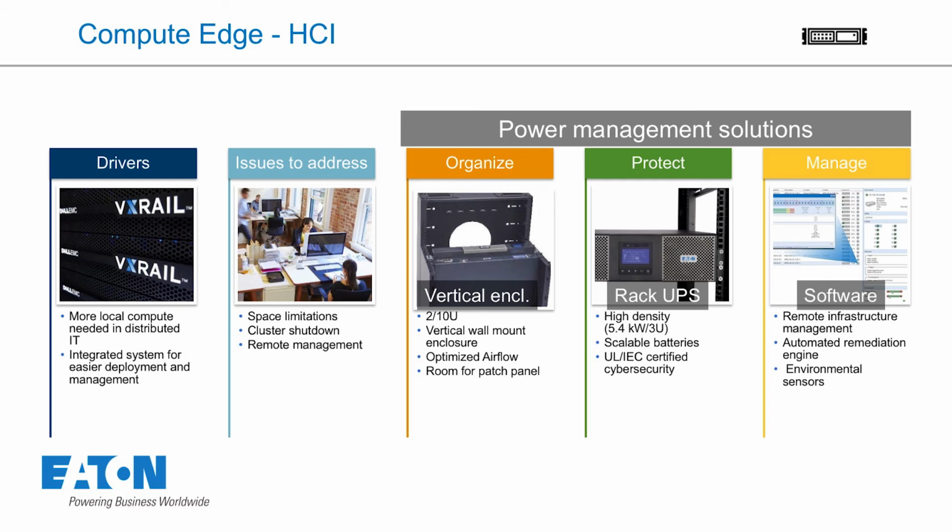First, we've got to organize it properly. If we have limited space, in the market you're going to see various enclosure types of various setups, either floor standing or wall mounted, where you can have power systems and backup systems installed. At the rack level, there are different accessories that you could put on where you can have airflow management, so you don't have all these cables all over the place.